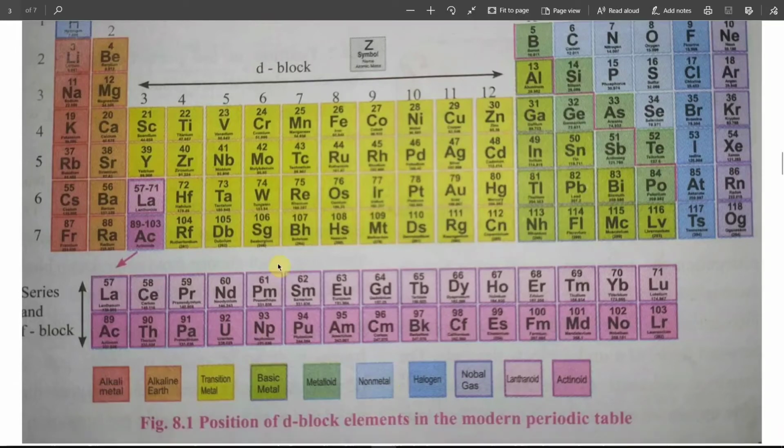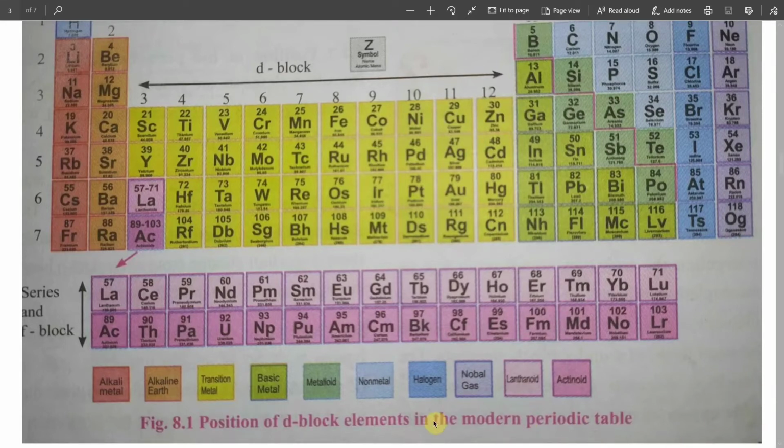Observe the long form of the periodic table: this is the S block, D block, P block, and at the bottom, in faint purple color, the lanthanide and actinide series.